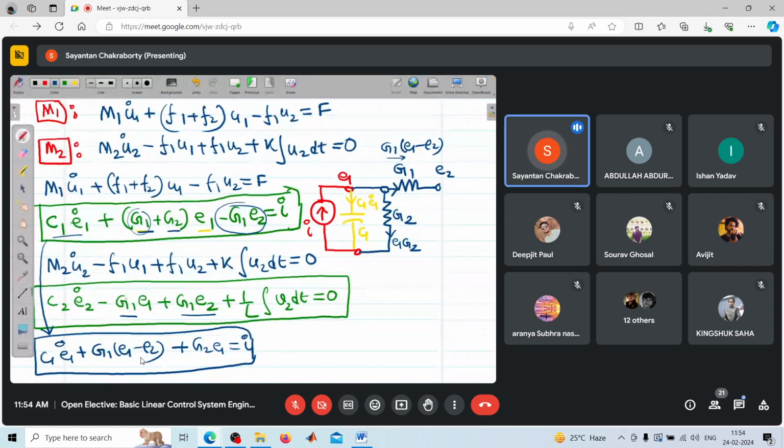Now, what about the second equation? Second equation says if this is E2, then we have a capacitor C2 connected over here. So the current through this will be C2 E2 dot. Fine. Then we have a current G1 (E1 minus E2) with a minus sign that is already there, this component.